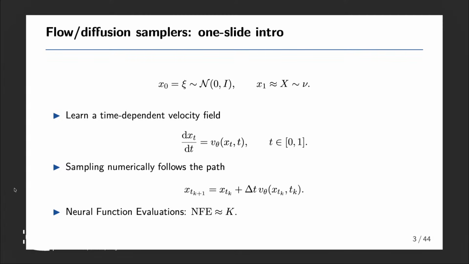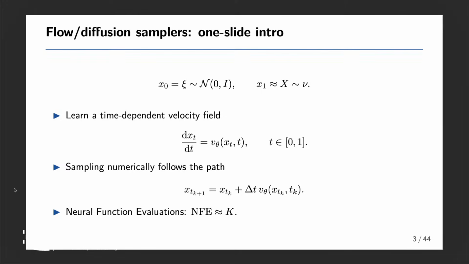In flow matching or probability flow ODE, you would like to learn a velocity field, which we call here v theta. It is indexed by both space and time. So you're essentially learning a time-varying velocity field such that at the endpoint 1, you get your data from the target distribution that you wish to sample from, right?